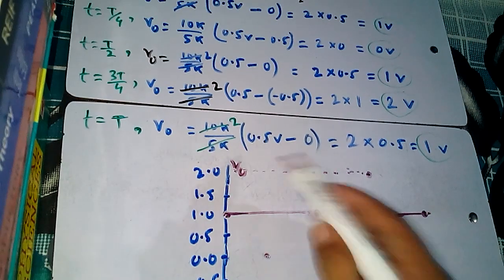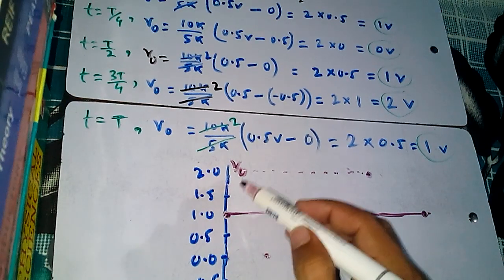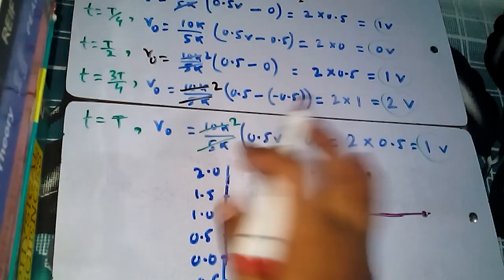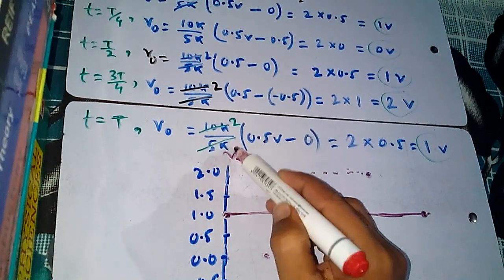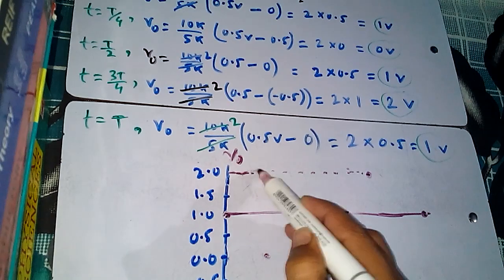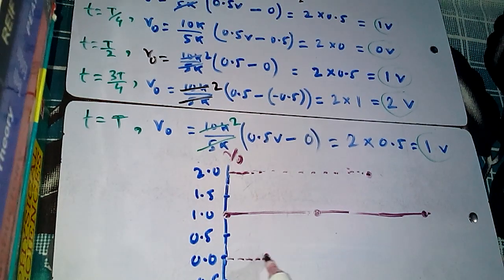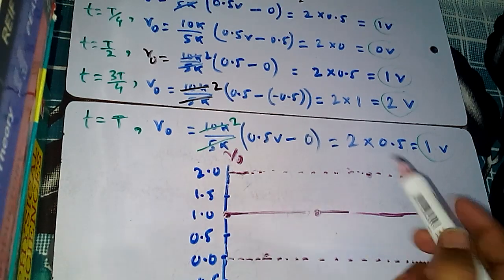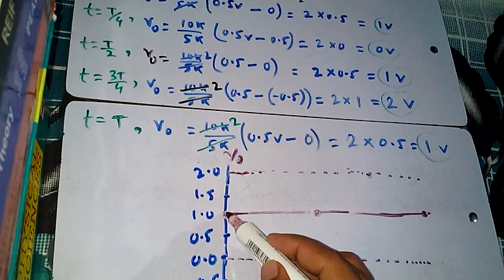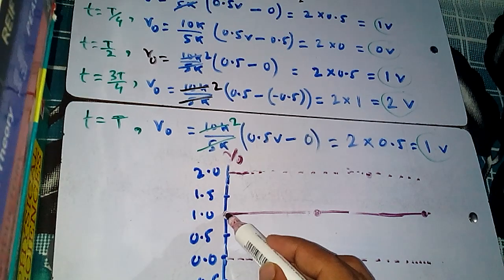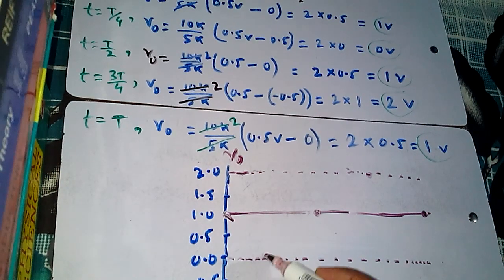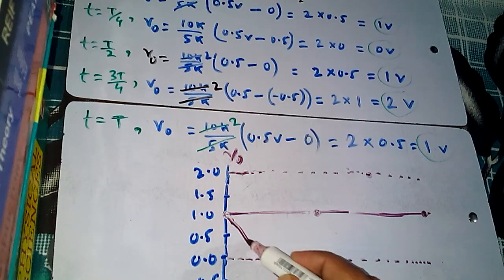This is the point. This is the reference for 0 volt, this is 1 volt, this is 2 volt. Now we can see at t equal to 0 it is 1 volt, and then at T by 4 it becomes 0 volt. So the graph is going like this.